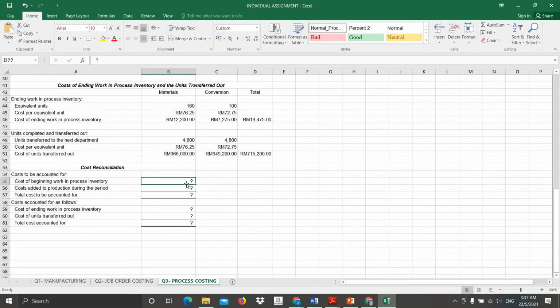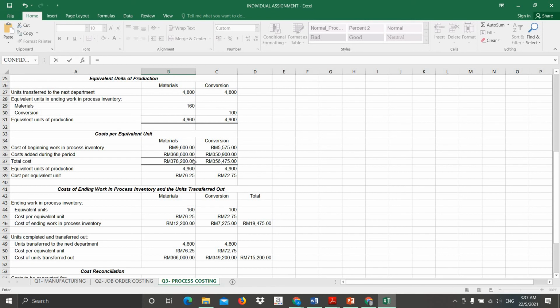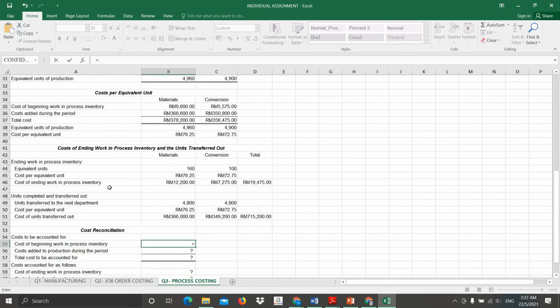So for this one, we can get it from, we need to add materials and conversion together.